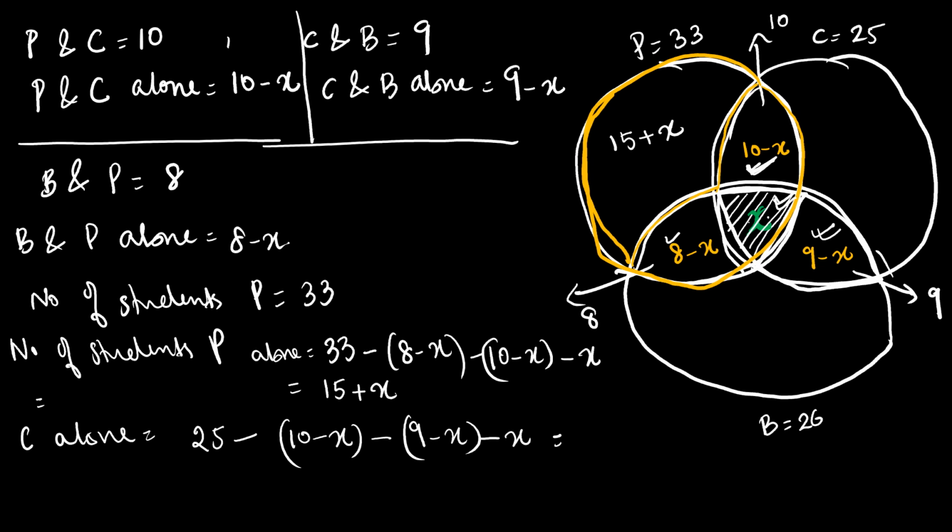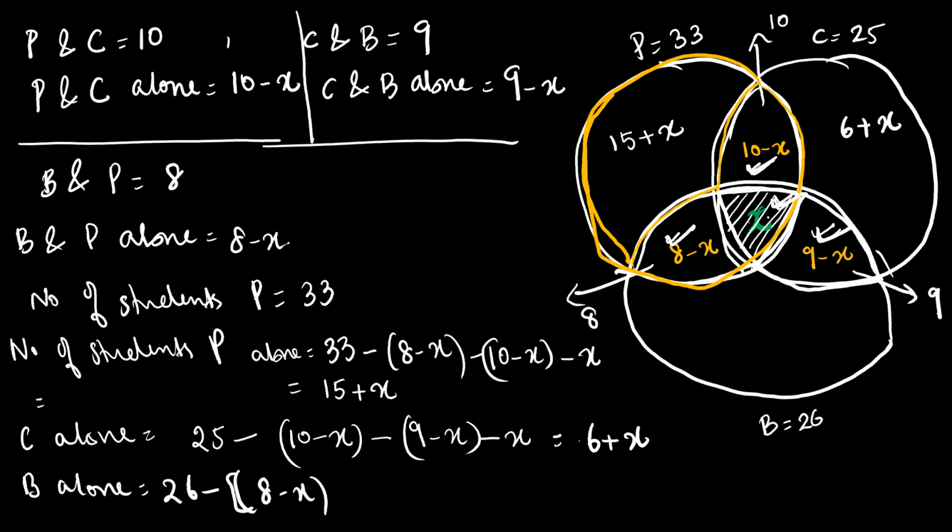This will be equal to 6 plus x. So this portion is 6 plus x. Next we'll find biology alone. So total students in biology 26 minus the common portions, that is 8 minus x, 9 minus x, and x. 26 minus 8 minus x minus 9 minus x minus x would be 9 plus x. So this is 9 plus x.